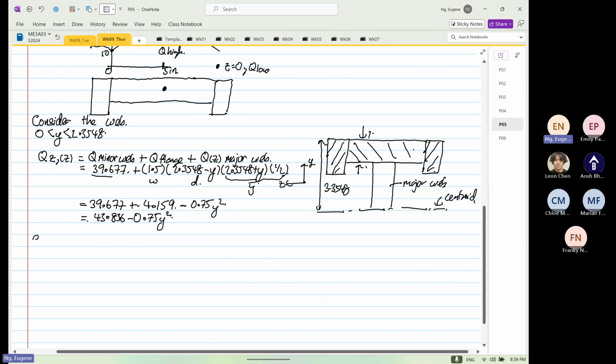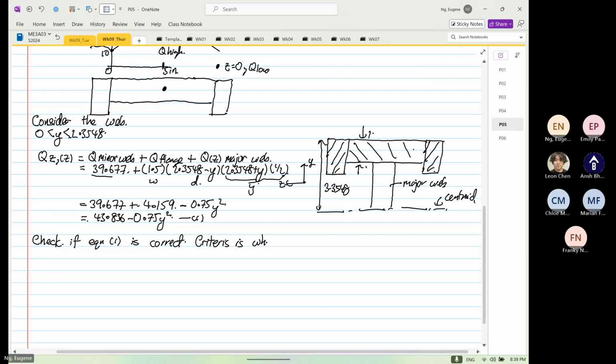So we have to check if equation 1 is correct. Okay, so how to check? So the criteria is when y is equal to 2.3548.